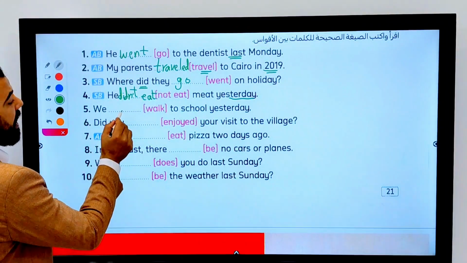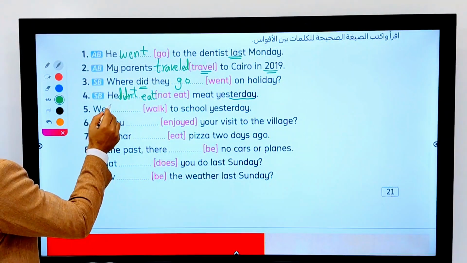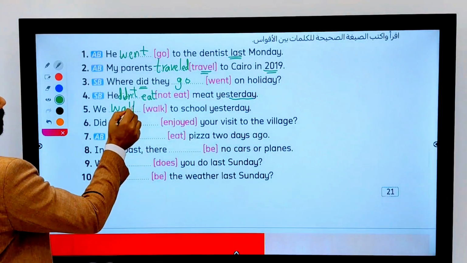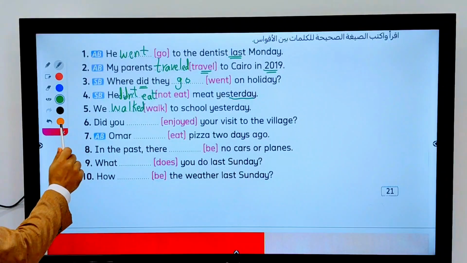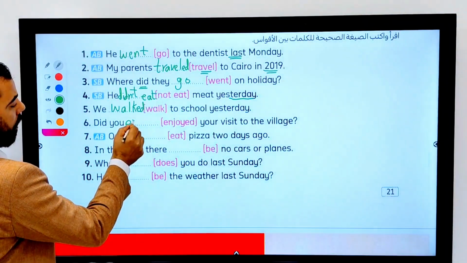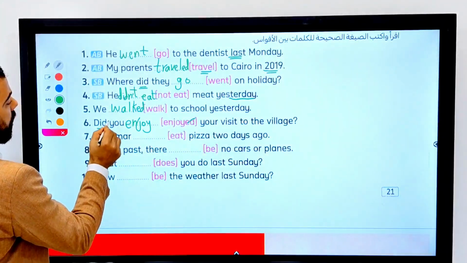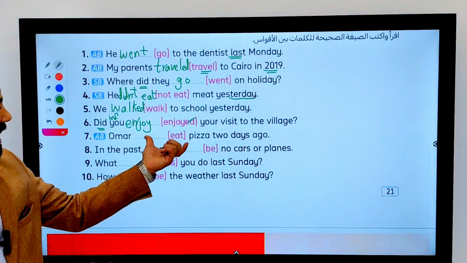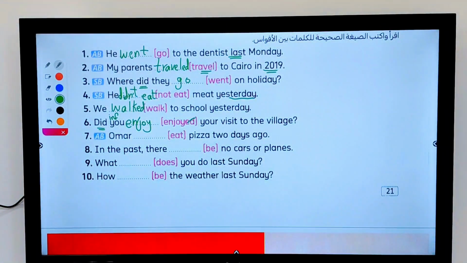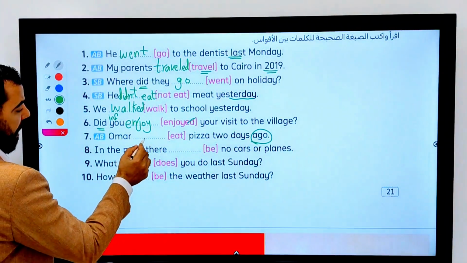We walked to school yesterday, because walk is a regular verb. Did you enjoy? After did we use the infinitive. Omar ate pizza 2 days ago. 2 days ago helps me find out that this sentence is in the past.